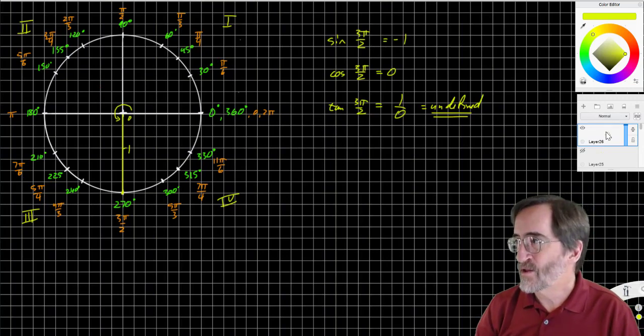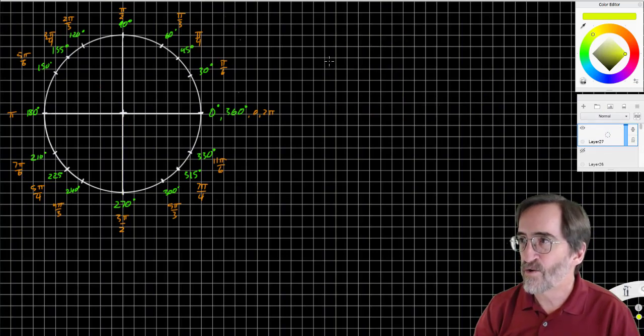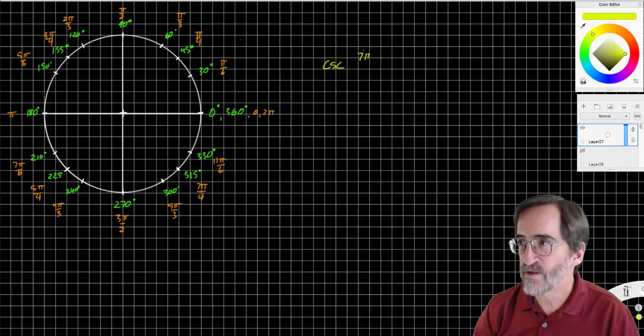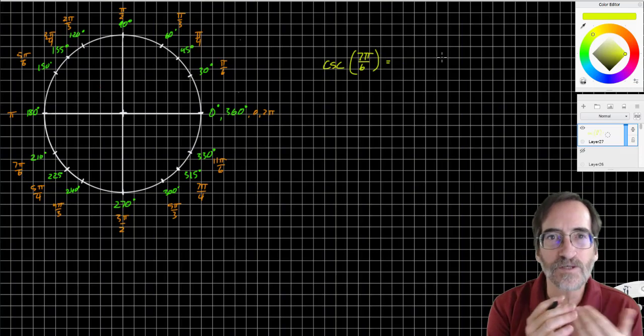Okay, let's try another. Let's do cosecant of 7 pi over 6. Well, we have to think of cosecant as a cofunction of what?